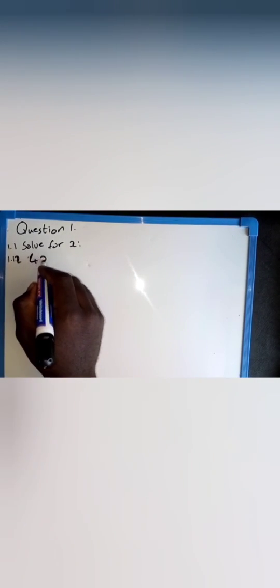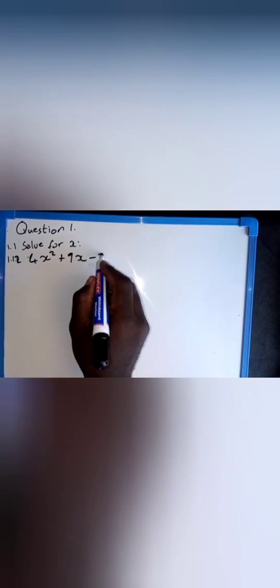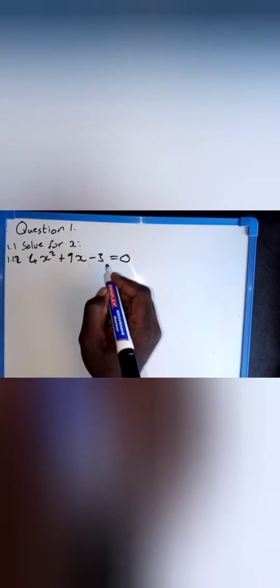Question 1.1.2 will require your quadratic formula. So here, you are given 4x squared plus 9x minus 3 is equal to 0.